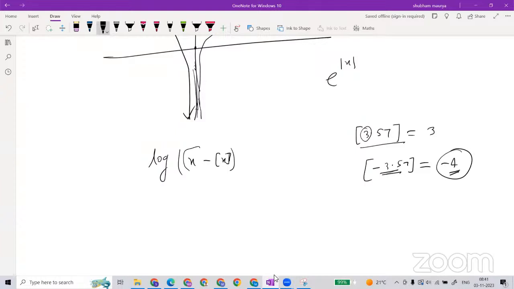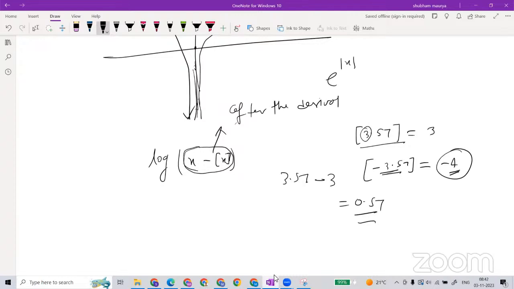Now think about the whole function. If 3.57 is there, the greatest integer of the same is 3, so this is going to be 0.57, right? This is actually giving the fraction part after the decimal point. That's fine for n point something.